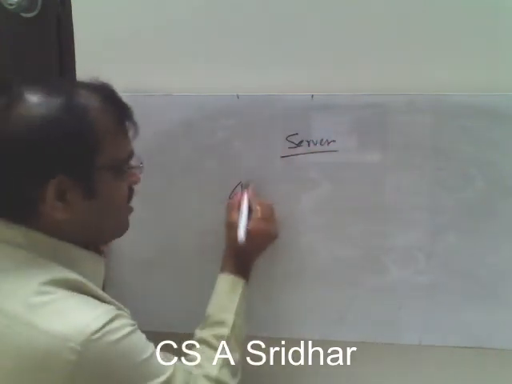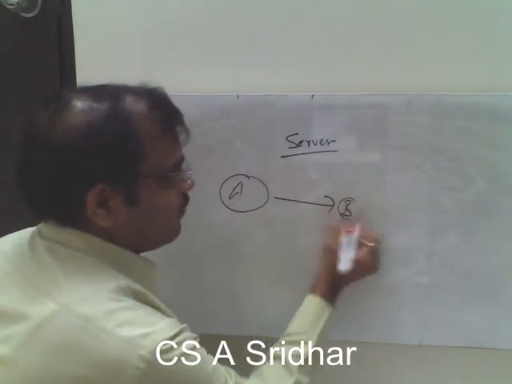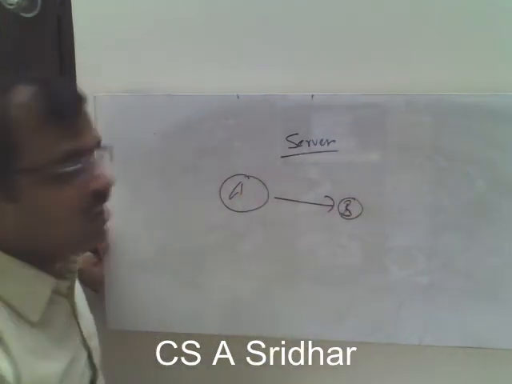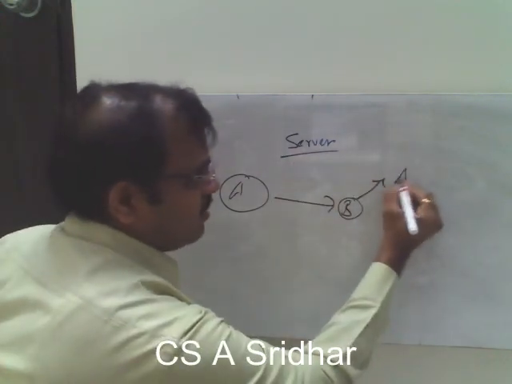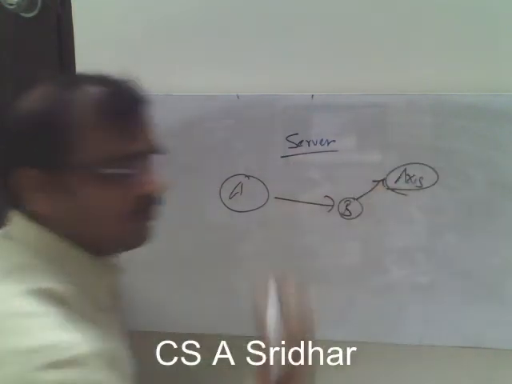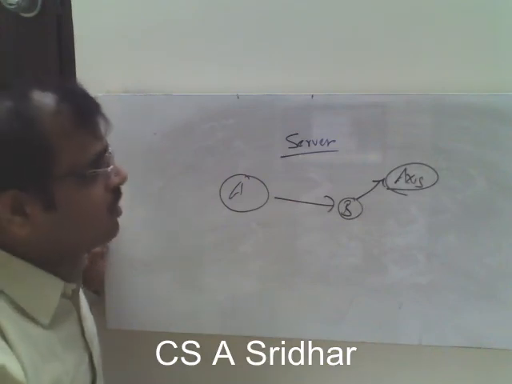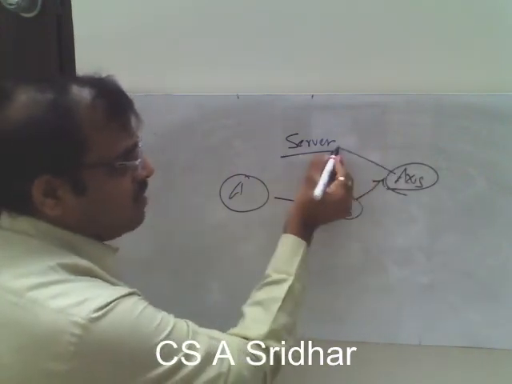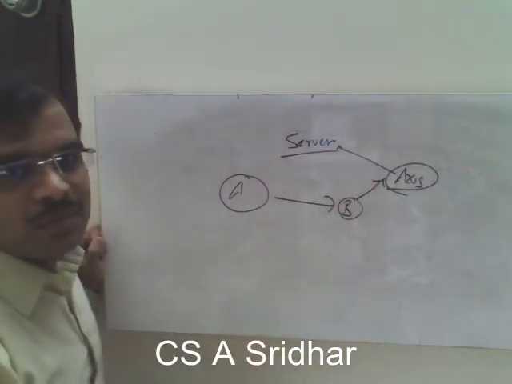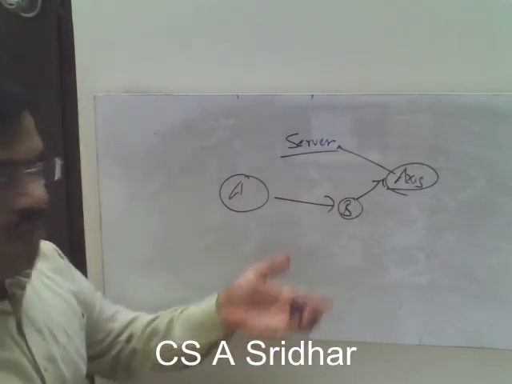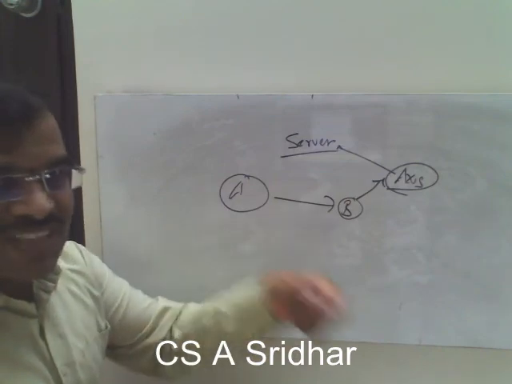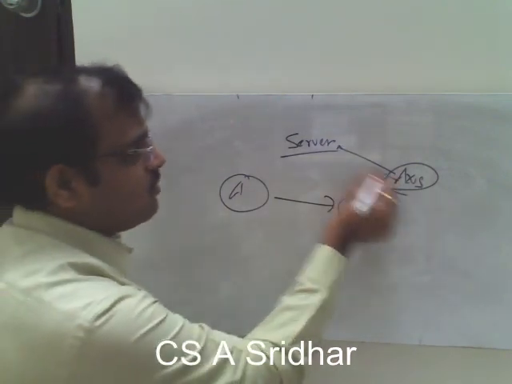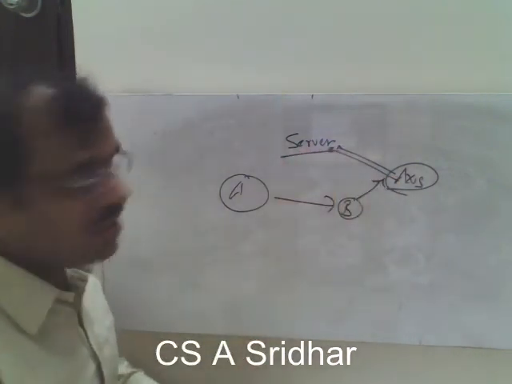So when A is giving the check to B, B is giving the check to his banker. Let us take the example, Axis Bank is the collecting banker. Then Axis Bank will have access to the server. Nowadays every check has a barcode. So with the barcode, if you do the scanning, automatically the order will be sent to the server.